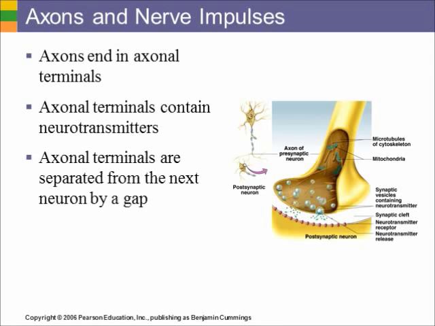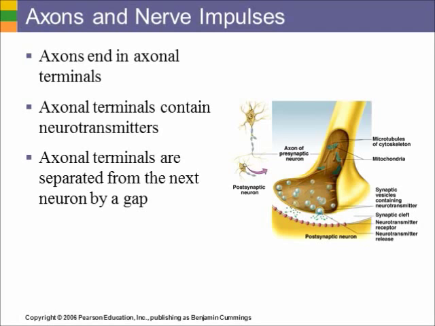Now, those axonal terminals do not touch the next nerve. That's a tough concept for some people to visualize, but when two nerve cells come up to each other, they do not form a strictly physical connection. Instead, they are separated by a gap.